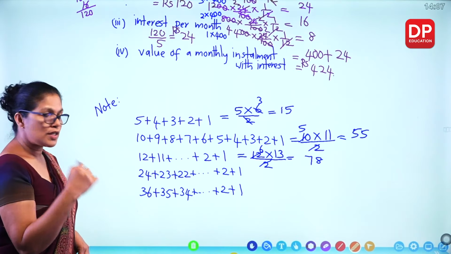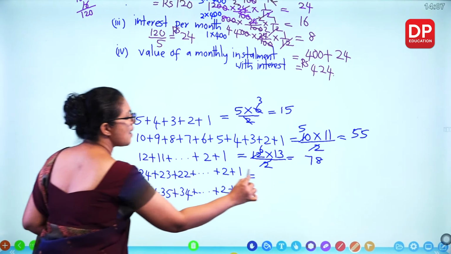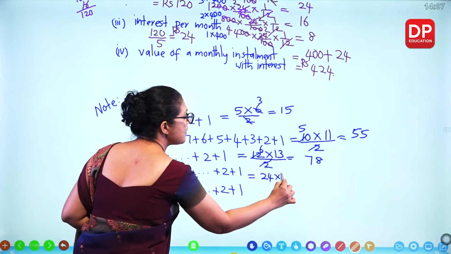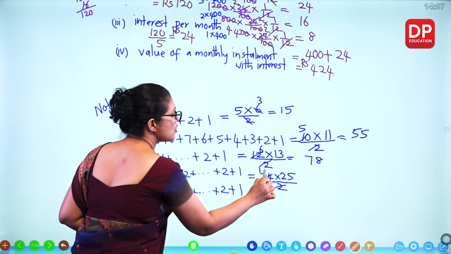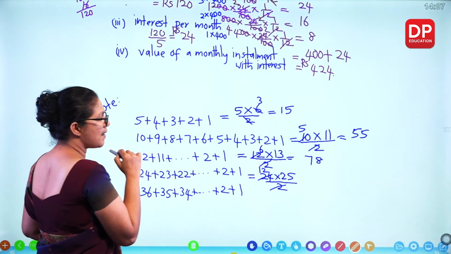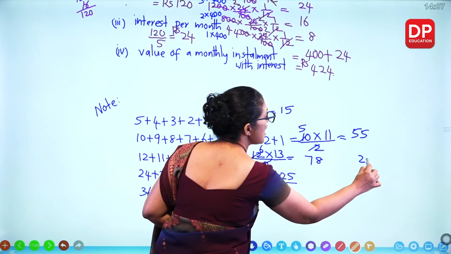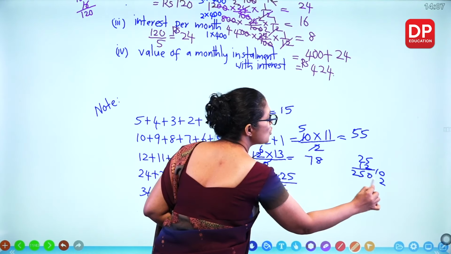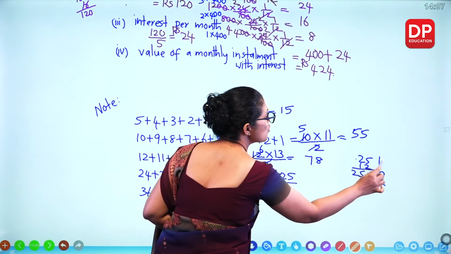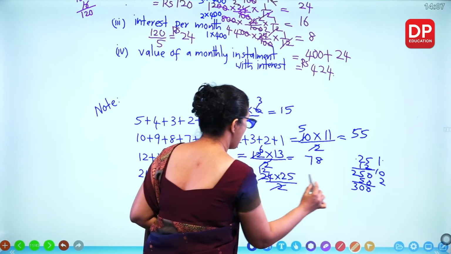This one, 24 plus 23 and so on. What's the easiest way? You take this number, multiply it by the next number, divide by 2. You get 12 times 25. 25 times 12: 2 times 5, 10. 2 times 2, 4 plus 1, 5. You get 300.